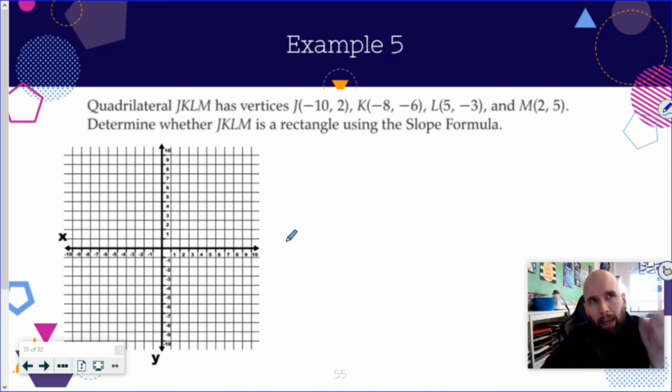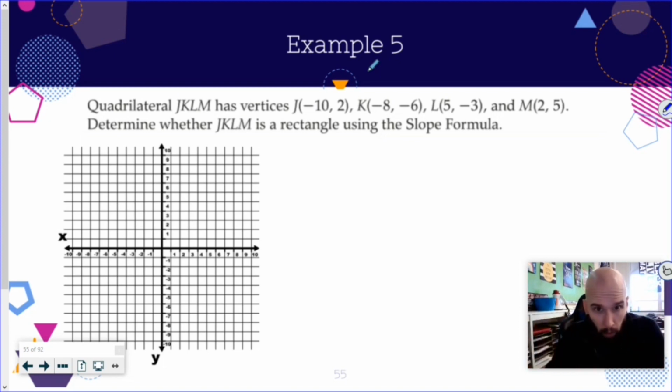Now, if it's a rectangle, two sides have to be parallel. Another pair of two sides have to be parallel, which means the slopes of parallel sides are the same. But not only do we need that, we need to determine if they're perpendicular.